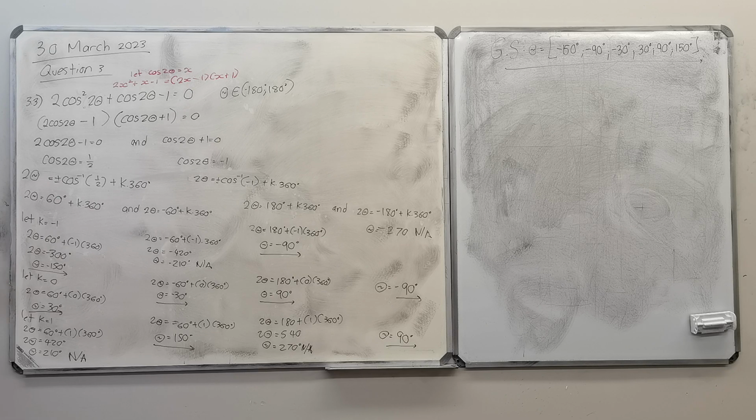So what I need you all to remember, for sine and for cos, you add k times 360. Make a note of what I'm saying, right?